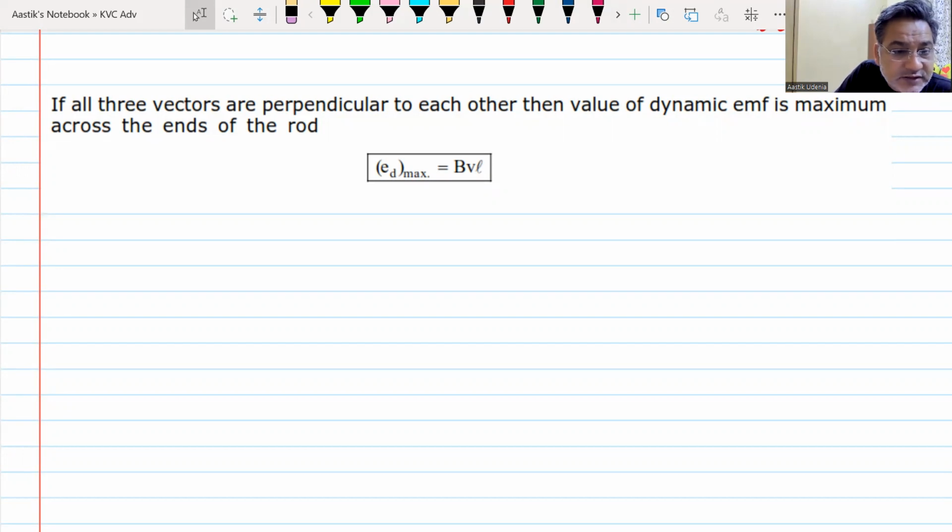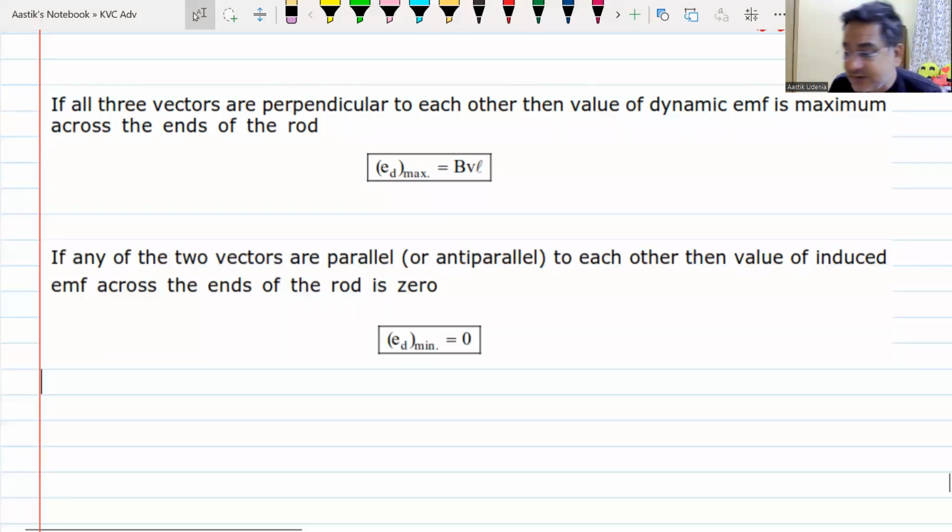Yes, sir. If any two vectors are parallel or anti-parallel, then there will not be any EMF induced and the value would be equal to zero. Do we understand this? Yes, sir. Okay, I'll give you 2 minutes to note this down.